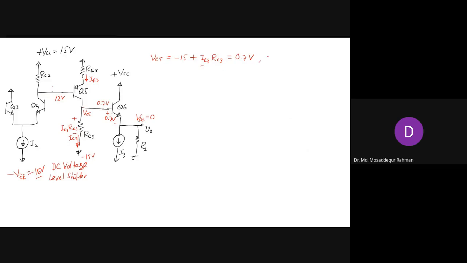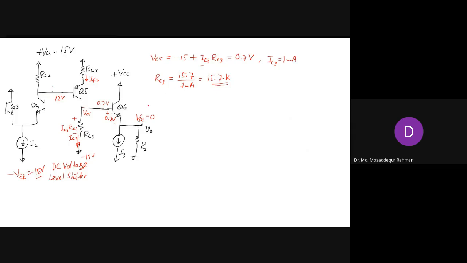So let's say we take IC3 as 1 milliampere. Then what should be the value for RC3? We can do the back calculation here. RC3 will be 15 goes to the other side, so we have 15.7 divided by IC3, which is 1 milliampere, and that gives us 15.7 kilo-ohms.